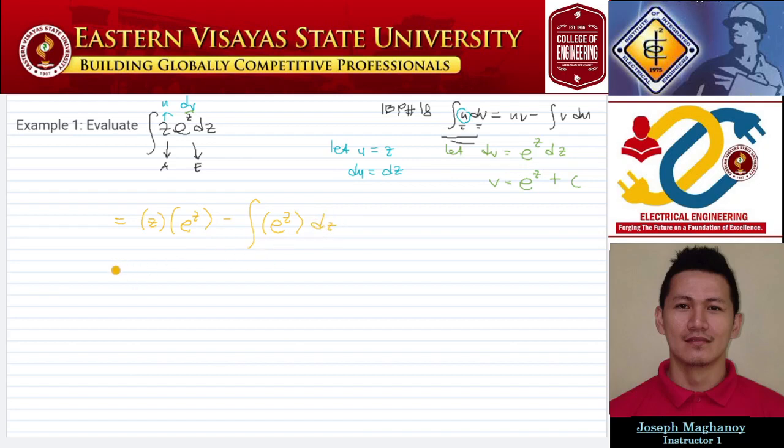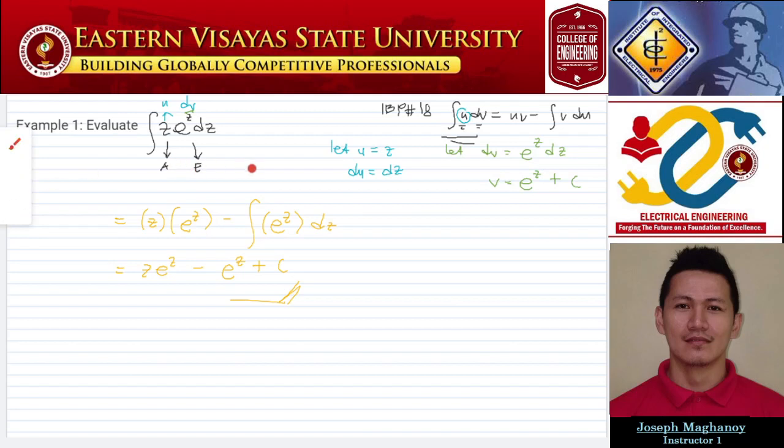Okay, so apply integration. If we apply our integration, it would be still the same, a raised to z plus c. So that is your final answer for example number 1.